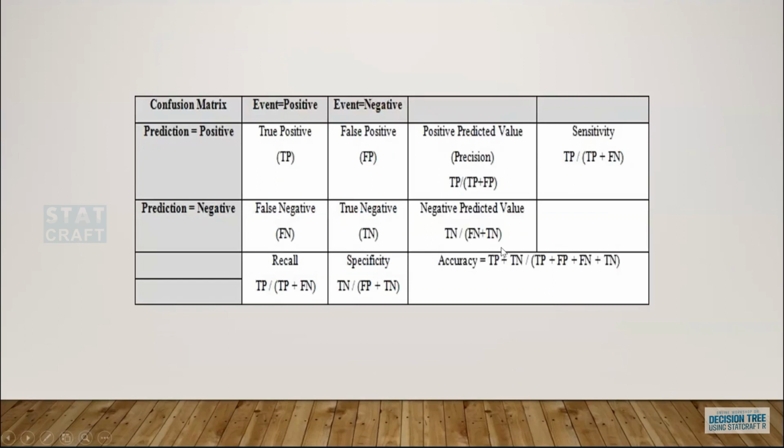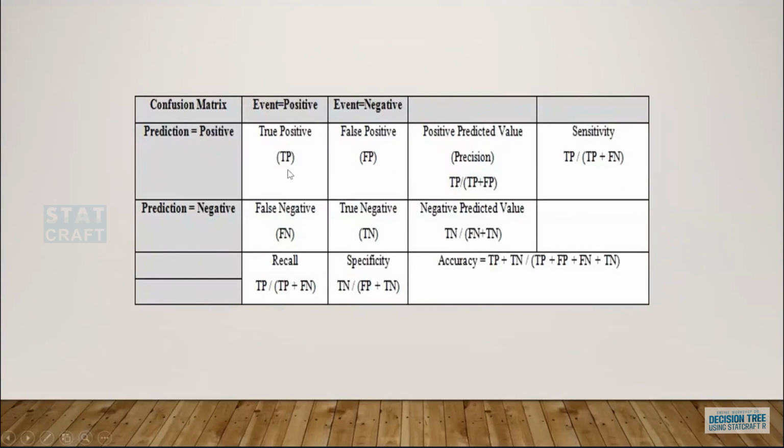Now I am giving you one table. Can you see this table, all of you? So what is precision? Precision is true positive divided by true positive plus false positive. What is sensitivity? True positive divided by true positive plus false negative. What is recall?